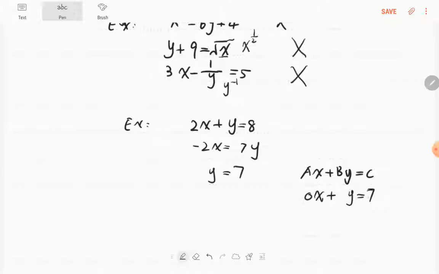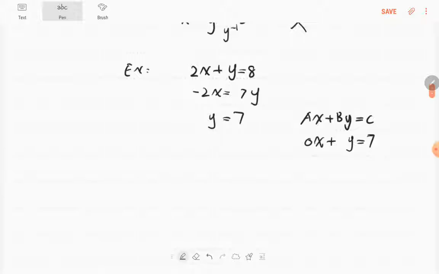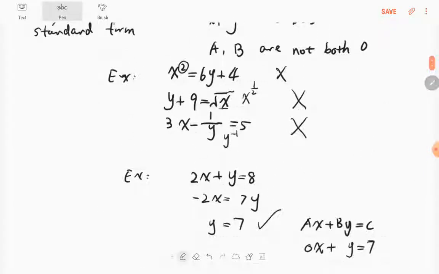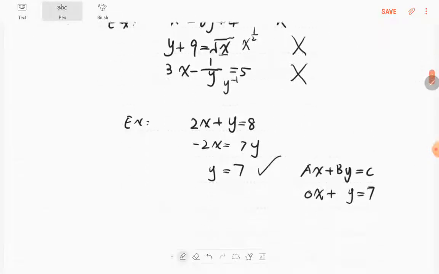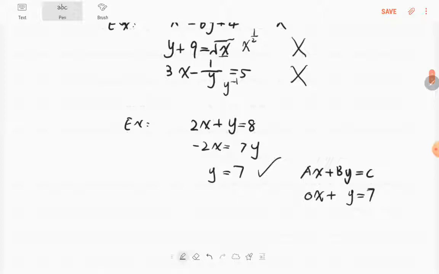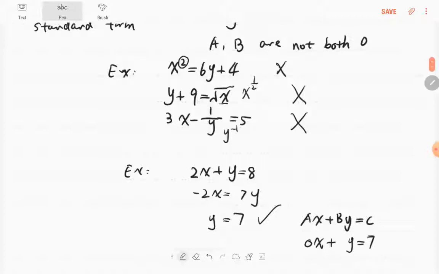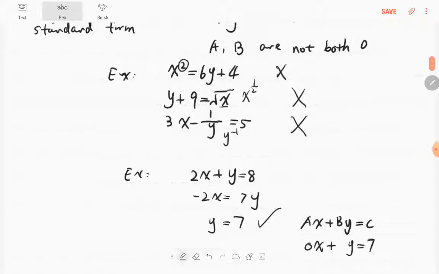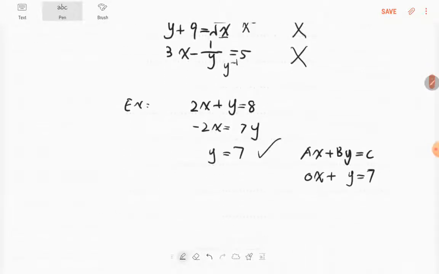And c is equal to 7. Which means this is also a linear equation, but this time a is equal to 0. Remember, a and b are not both 0. This time a is 0, but b is not 0. So this equation is still qualified as a linear equation.